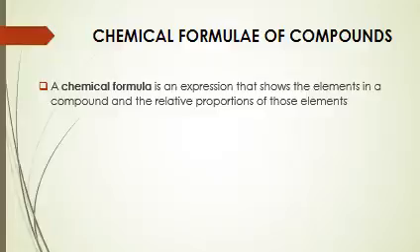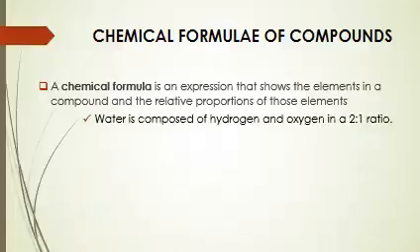So, for example, we have water. Water is composed of hydrogen and oxygen. So, the chemical formula of water, inside the chemical formula, there is that composition showing the elements. So, we have hydrogen and oxygen. But apart from that, it also shows the relative proportions of those elements.